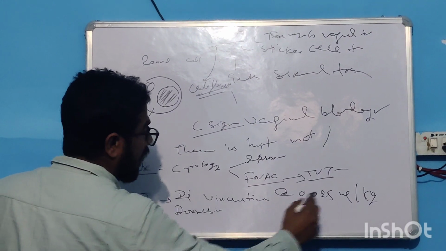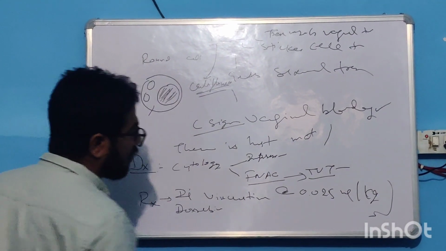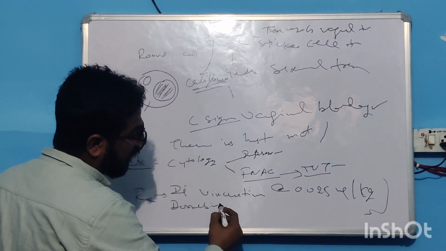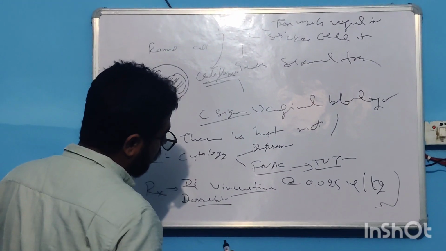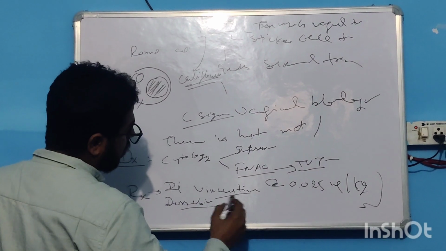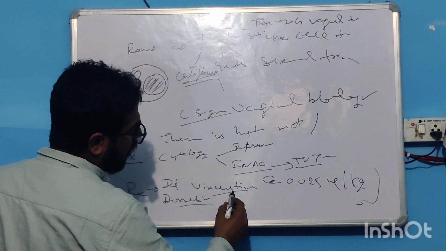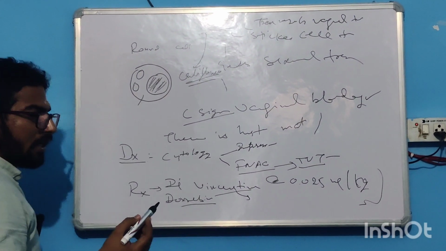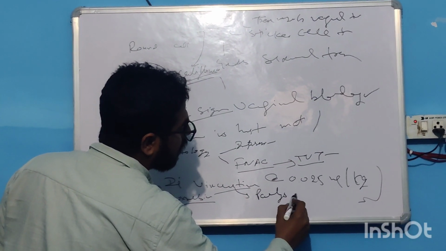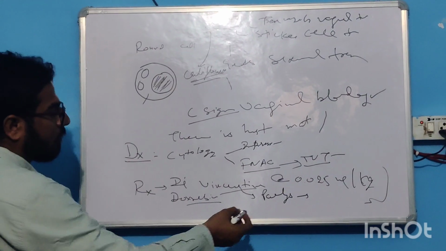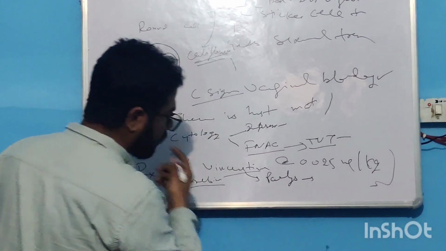These drugs have very adverse effects. Sometimes these drugs can kill the animal, so use them very cautiously. These drugs have adverse effects, like causing paralytic ileus. So we should add some laxatives, because vincristine causes constipation.